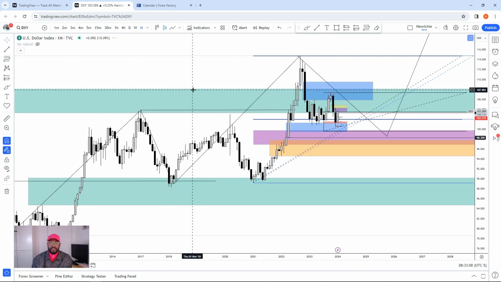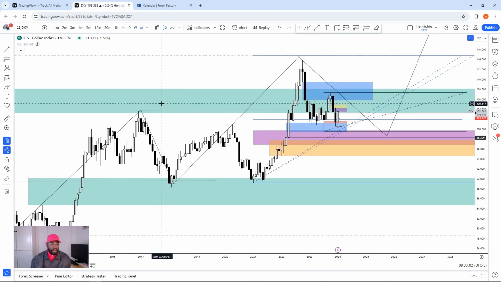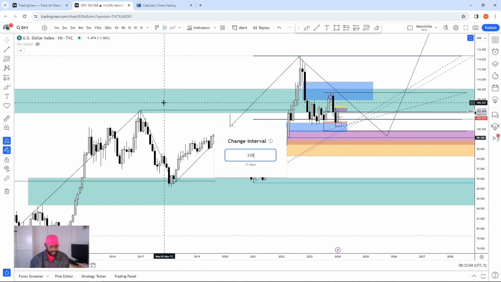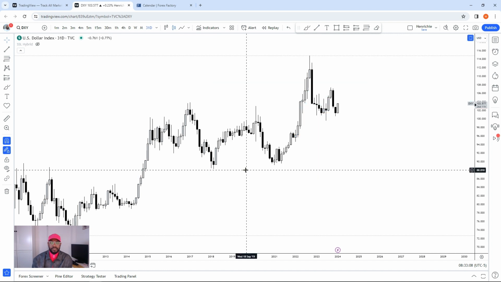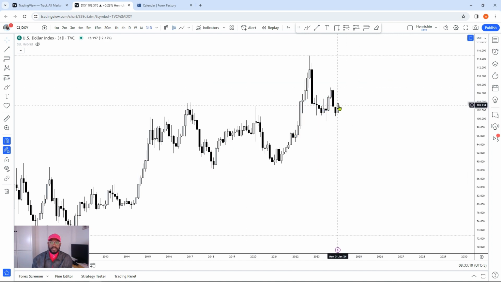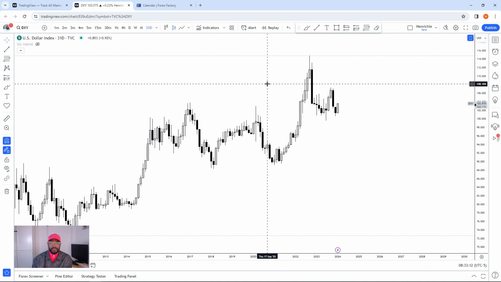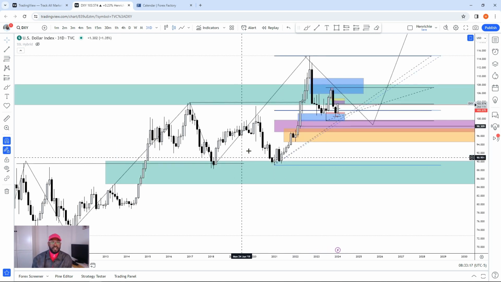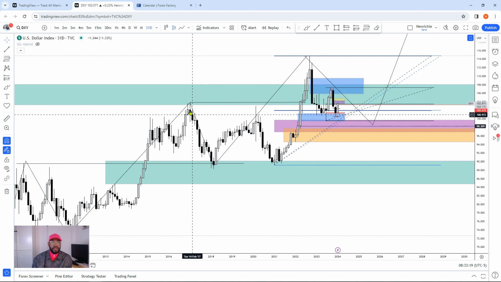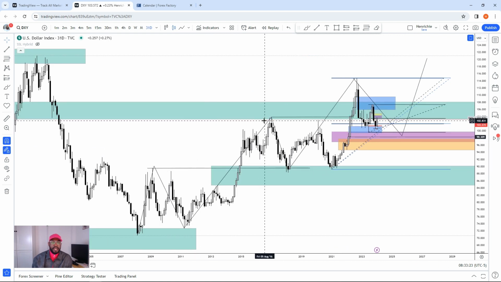But in my opinion, overall, what I'm looking out for in the marketplace, we go to the 31-day time frame. You can see we're currently in an inefficiency resting right here. Looking at the overall structure in the marketplace for the dollar, you can see that we're consistently creating higher highs and higher lows and higher highs.